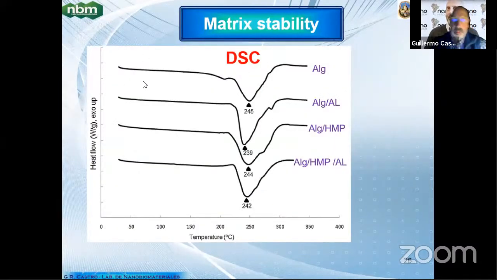When we use DSC, the calorimetric analysis shows changes in the structure, which is correct, but it's not too many changes. It means that the structure, as we mentioned before, analyzed by the hardness, is very close.